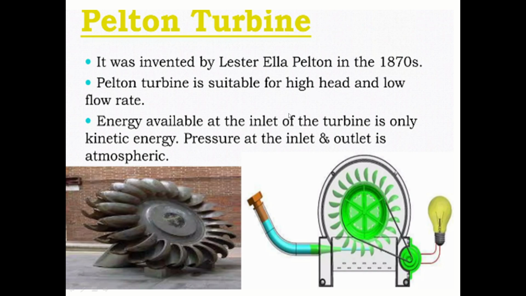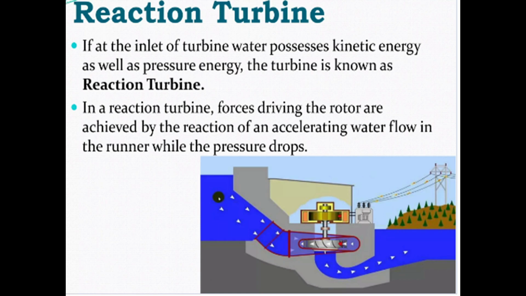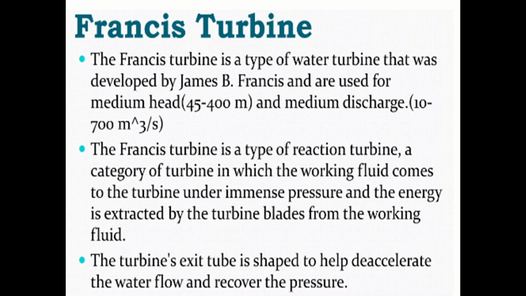Whereas the Francis turbine is suitable for medium head and medium discharge. You have to remember this carefully. And the Francis turbine is a type of reaction turbine, a category of turbine in which the working fluid comes to the turbine under immense pressure and the energy is extracted by the turbine blades from the working fluid.